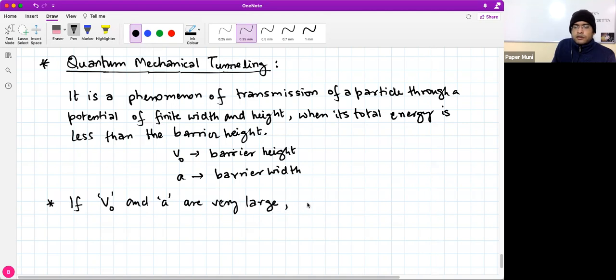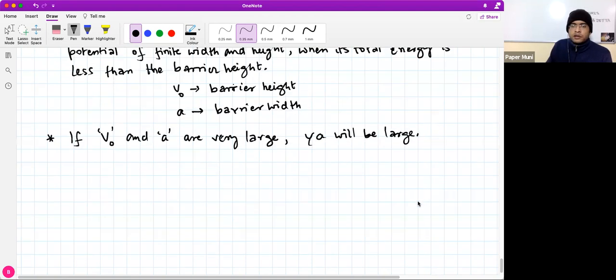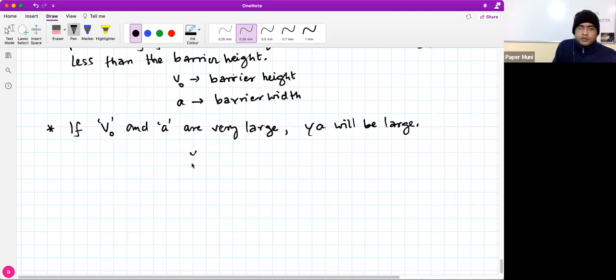In that case, gamma a will be large, gamma a much greater than 1.